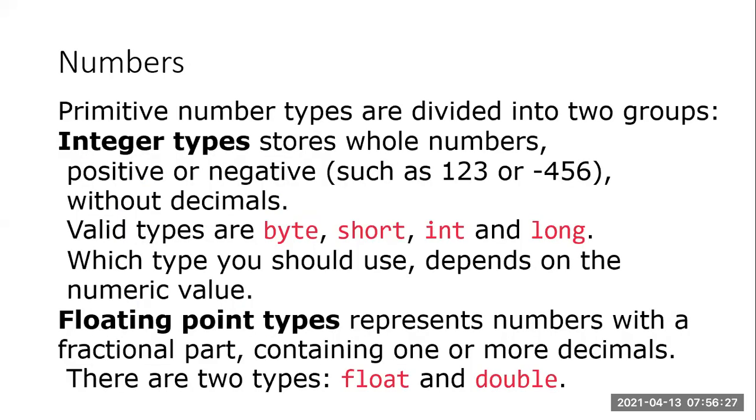Numbers. As we discussed, primitive number types are divided into two types. One is integer types and the next one is floating point types. So what is the integer type over here? It stores whole numbers, positive or negative, but it should not include decimals.